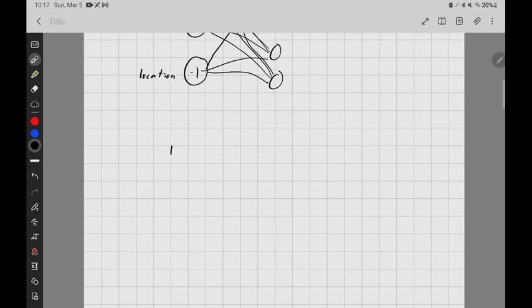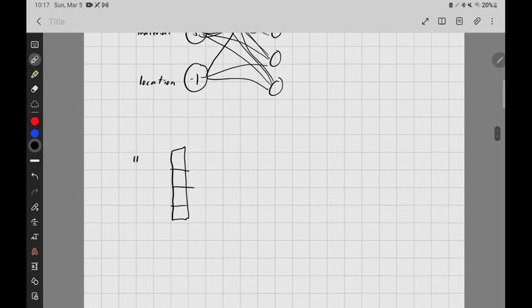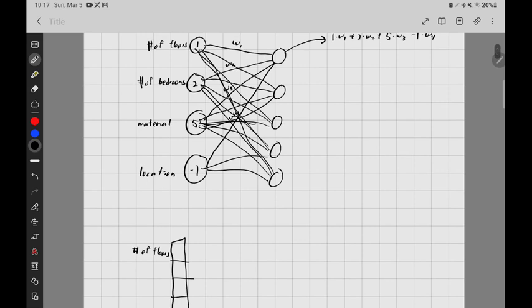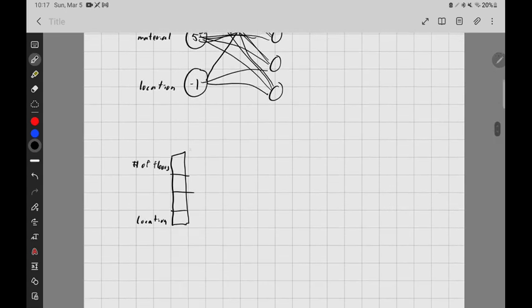I'll draw it a little bit better. Number of floors is the top one, number of bedrooms is the second, then material, and location as the bottom one. Then it'll be 1, 2, 5, and -1. So this is just our feature vector.